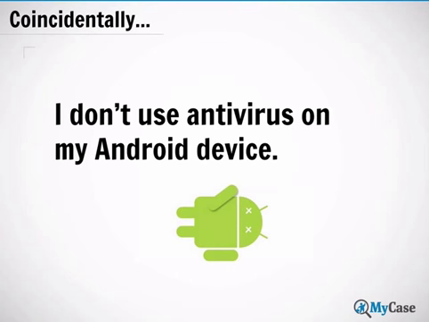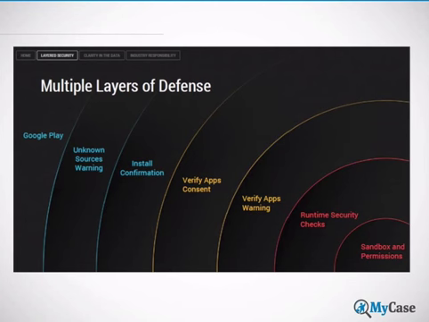I try to use spam and those kind of filters to prevent that. I also don't install applications unless they're from special sources or from inside the Google Play Store or things like that. The nice thing about Android is it offers multiple layers of defense to prevent applications from taking over the system.